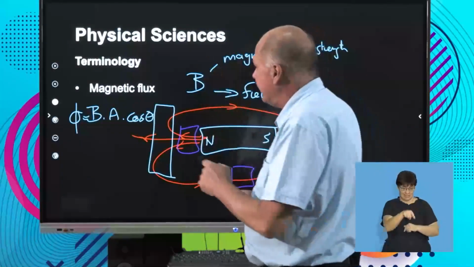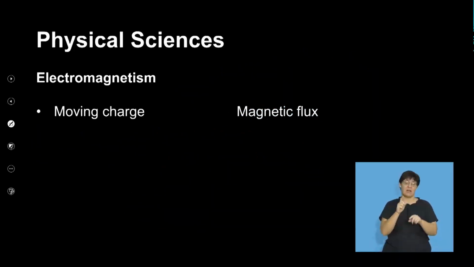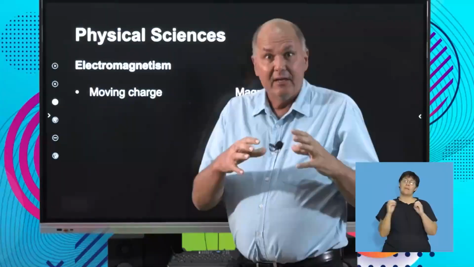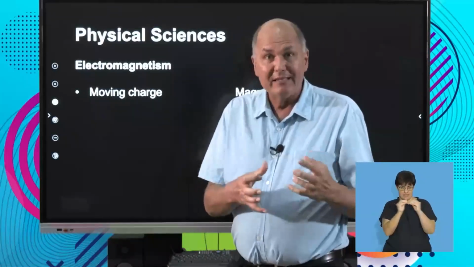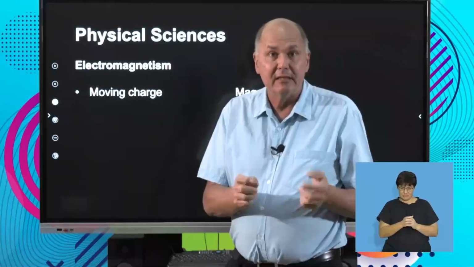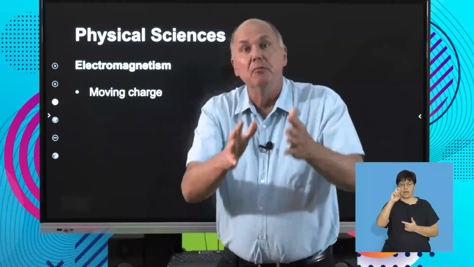So we've covered magnetic flux, and we've got a good idea now, just to remind us of how we get magnetic flux. We've used the example of a bar magnet, but it doesn't have to be a bar magnet. It could be a conductor that has charges that are moving in it.